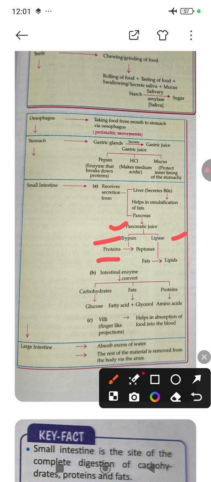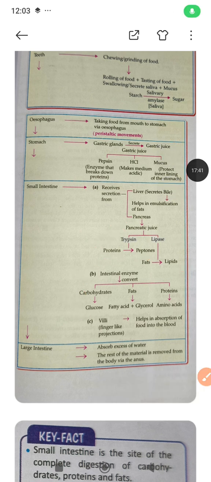Trypsin works on proteins and converts them into peptones, and lipase works on fats and converts them into fatty acids. Clear? The second function of the intestine is that it secretes intestinal enzymes, which convert carbohydrates into glucose, fats into fatty acids and glycerol, and proteins into amino acids. Clear?